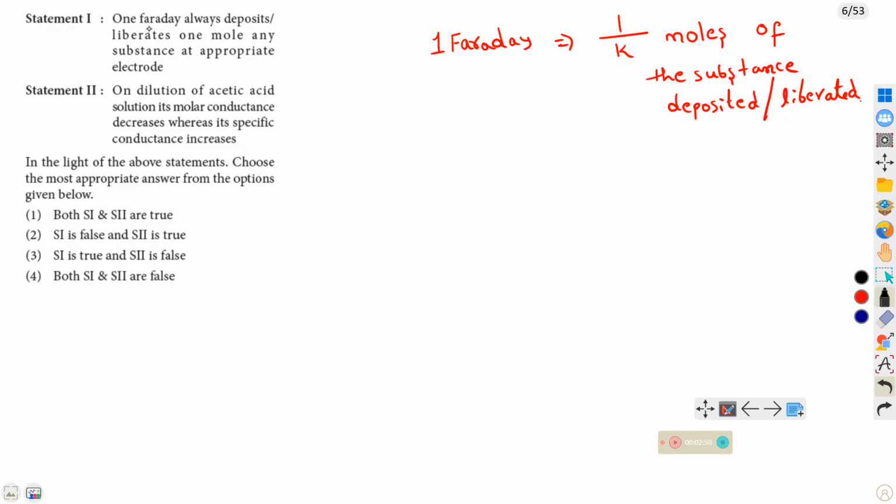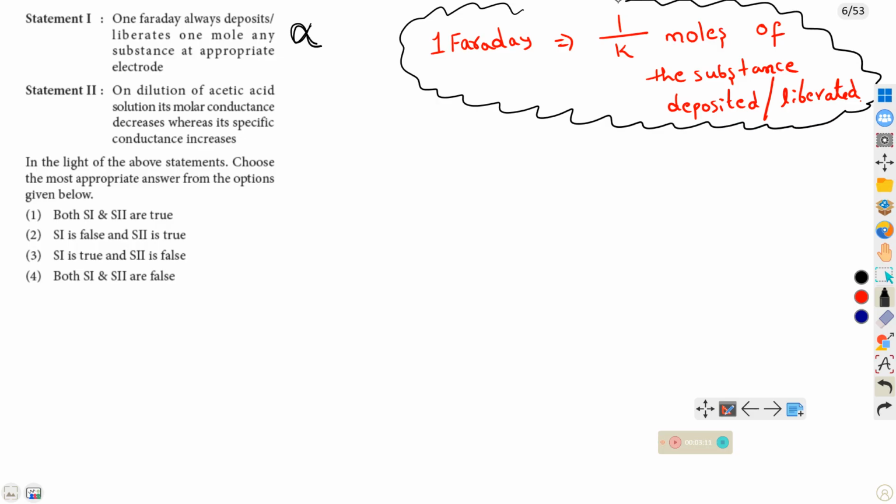Statement 1: 1 Faraday always liberates 1 mole of any substance at the appropriate electrode. First of all, this statement is wrong. How is it wrong? If we pass 1 Faraday of current, generally 1 by k moles of the substance is deposited.